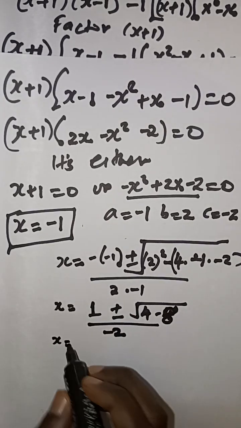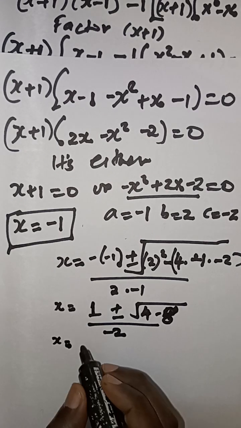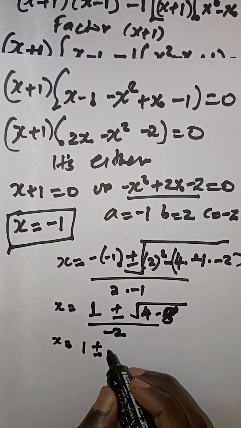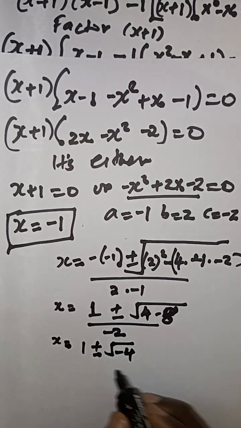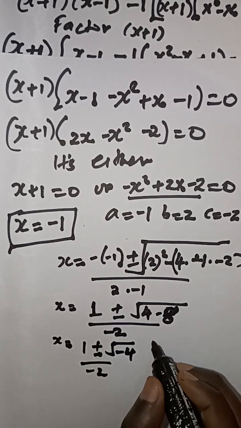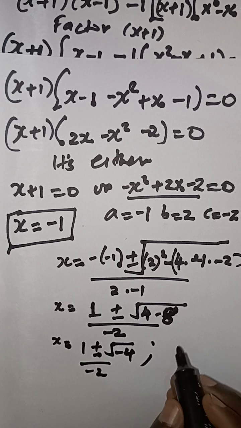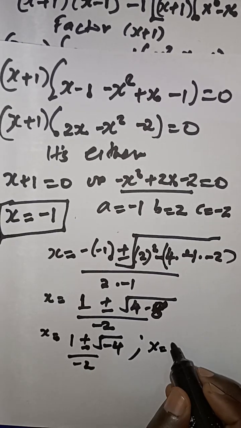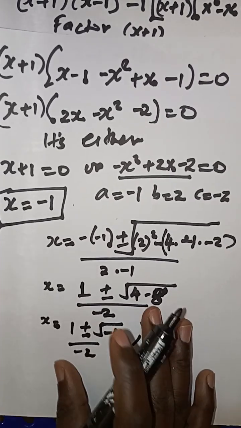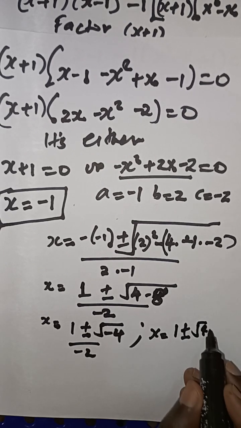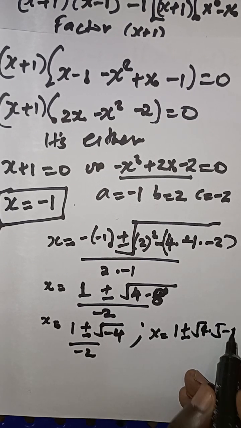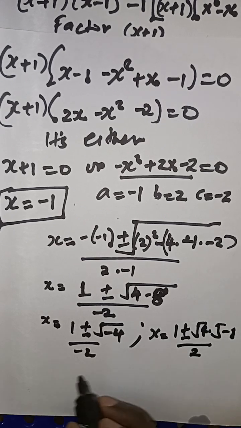X now becomes 1 plus or minus the square root of negative 4. If you take 4 minus 8 divided by negative 2, this can be further expressed as x equals 1 plus or minus, I'm going to write square root of 4 multiplied by square root of negative 1, divided by 2.